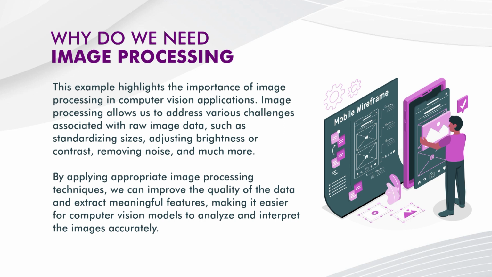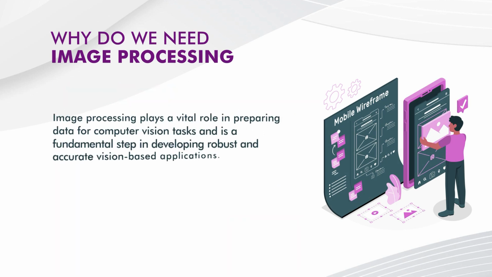By applying appropriate image processing techniques, we can improve the quality of the data and extract meaningful features, making it easier for computer vision models to analyze and interpret the images accurately. Image processing plays a vital role in preparing data for computer vision tasks and is a fundamental step in developing robust and accurate vision based applications.